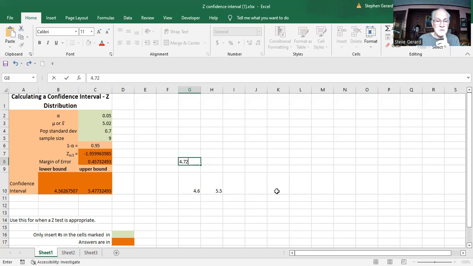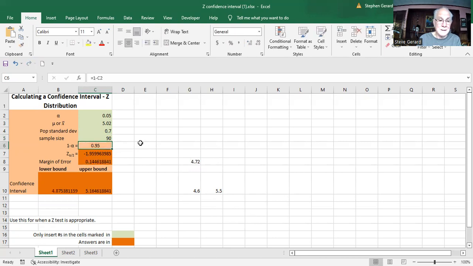Now I'm going to switch some numbers here. Suppose instead of 9 here, I put my sample size as 90. Bang. Well, look at my confidence interval. It jumps to 4.9 to 5.2, and that's rounding up.